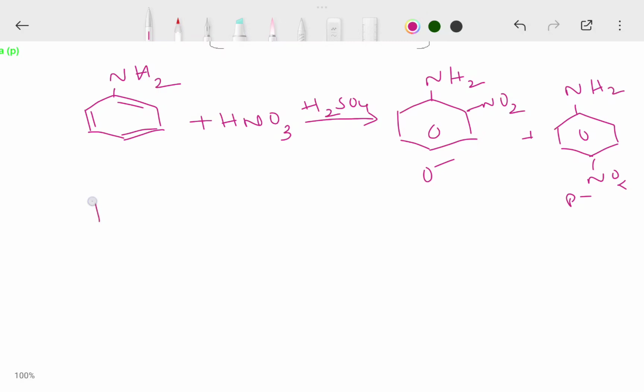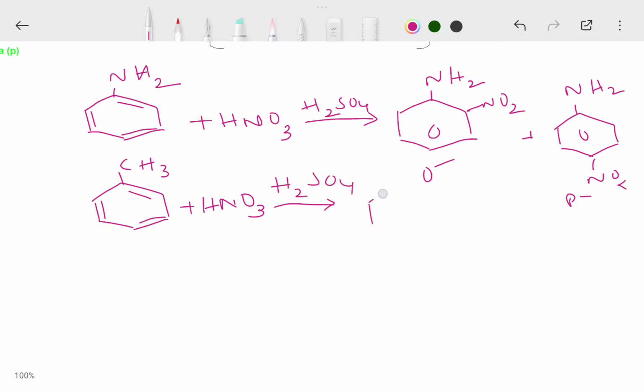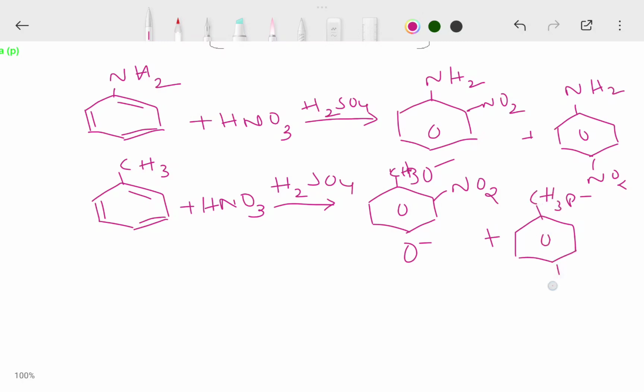For example, take toluene, CH3, plus HNO3 and H2SO4. Here also you can get two types of products. One is ortho-nitrotoluene and para-nitrotoluene.